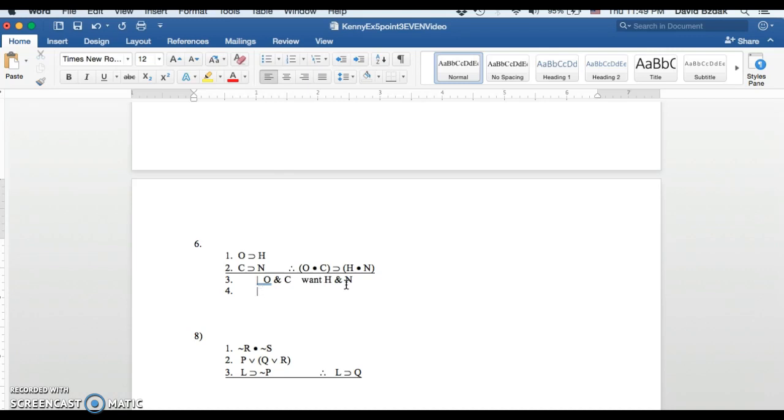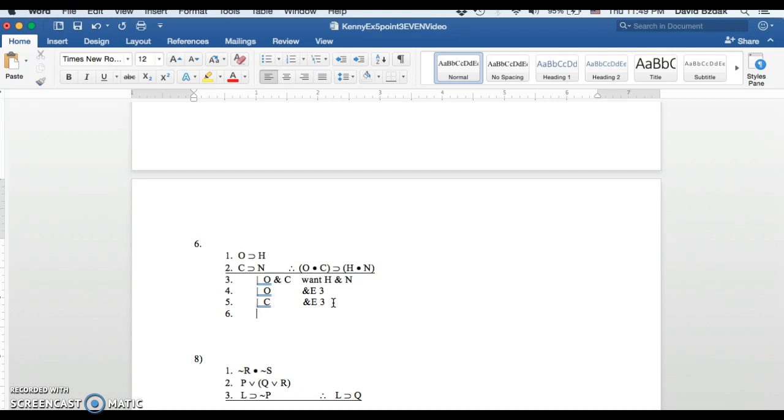Now we can get O by itself by conjunction elimination of 3. We can get C by itself, same way. Conjunction elimination of 3. So remember, that's the one that says if you have a conjunction, you can get each conjunct by itself.